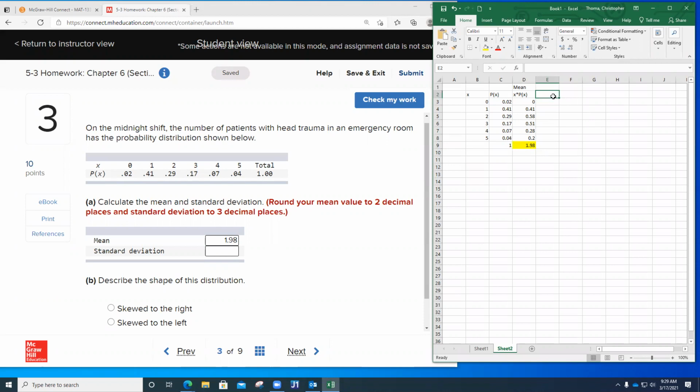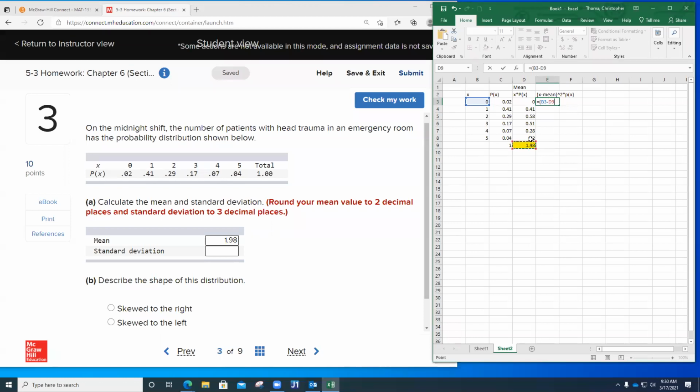I'm going to use what I call the regular formula: x minus the mean, squared, times p of x. All right, so that's the first step. So I'm just going to put that formula into my sheet. So equals parentheses x minus the mean.